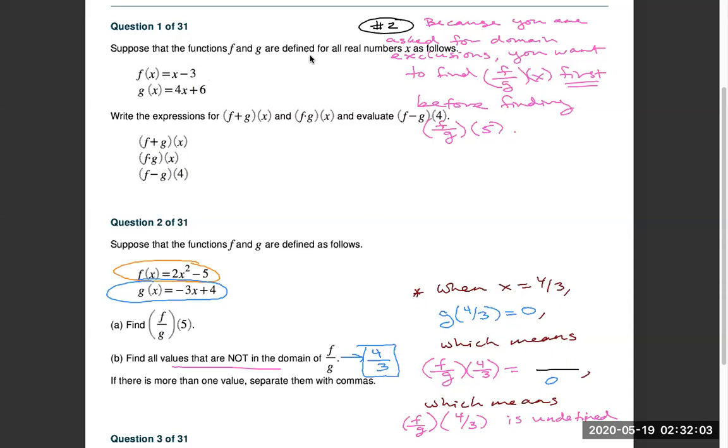I want to plug in that x everywhere. We'd have f evaluated at 4/3 divided by 0. So let me know if you have any questions about that part. I went ahead and saved that part picture. So let me erase the bottom and we're going to go over part A.